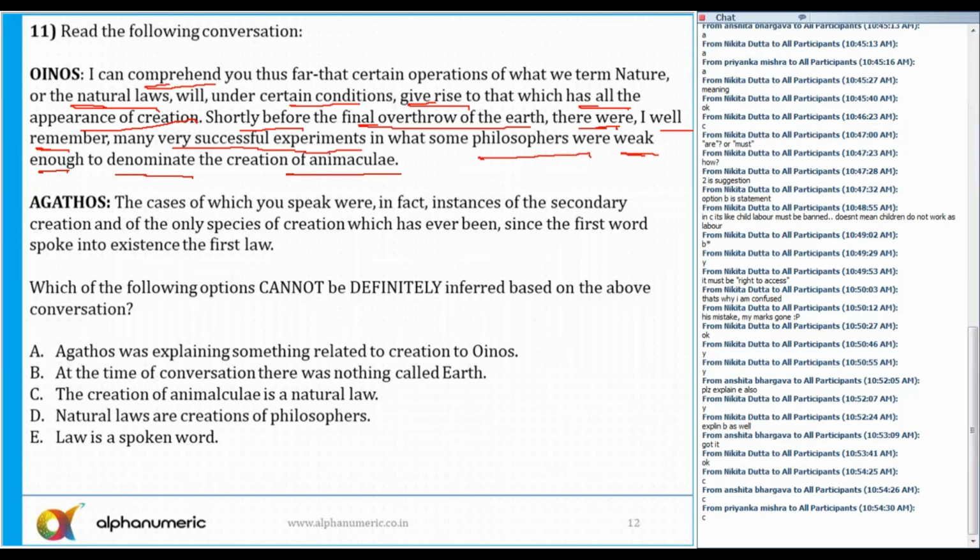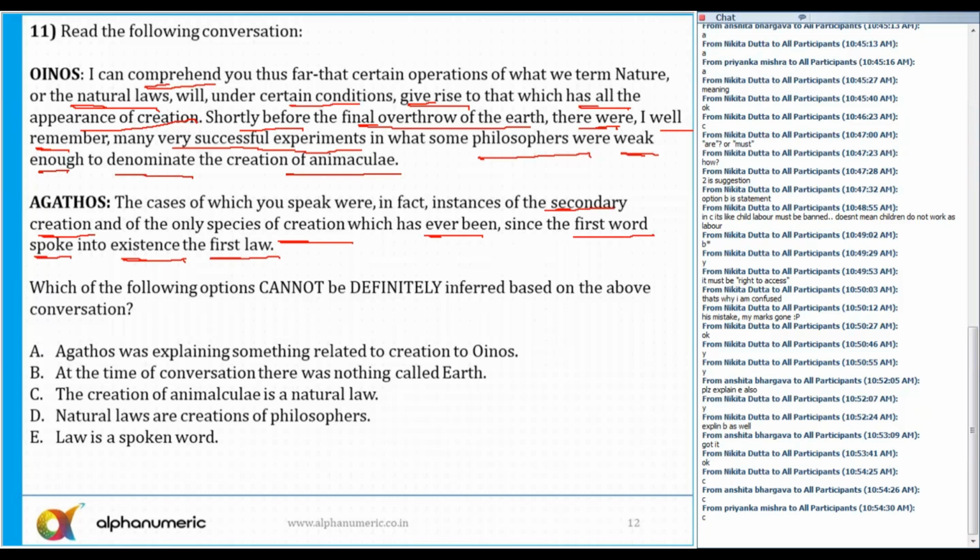So Agathos says the cases of which you speak are instances of secondary creation, and the only species of creation which has ever been since the first word spoke into existence the first law. So Agathos tells you that whatever creation you're talking about is secondary creation. That means first the earth must have been created, only then life on earth.